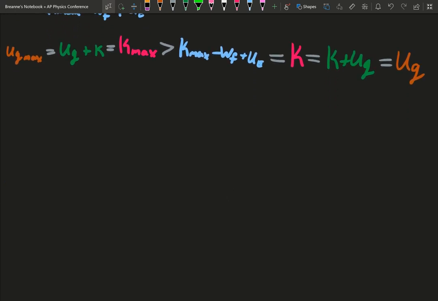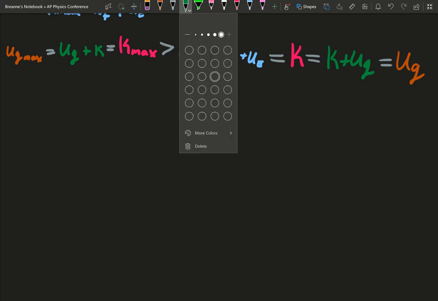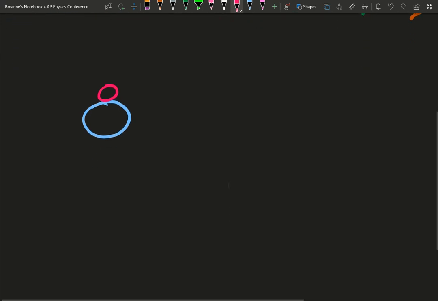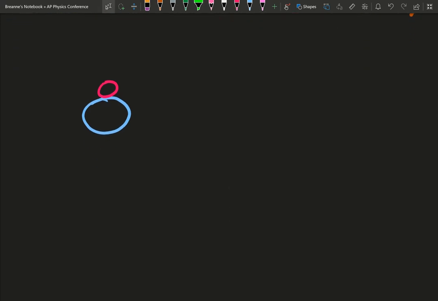Now, for the two balls, we had the big blue ball and a little red ball on top, and we held them at some height. So again, they both have max gravitational.